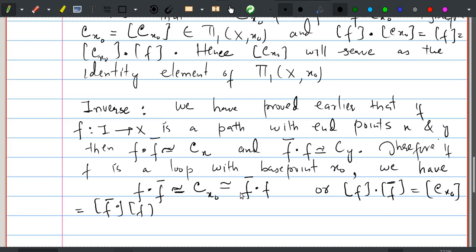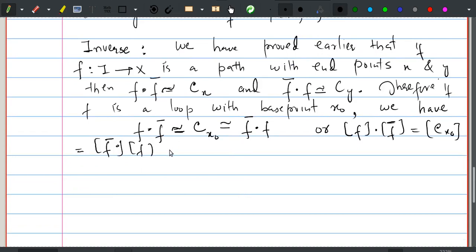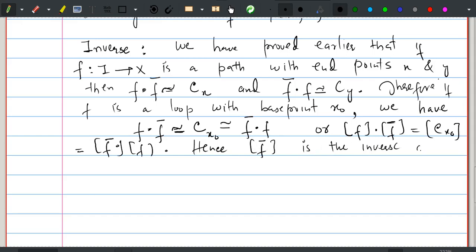So this means f inverse is the inverse of f, hence the homotopy class of f inverse is the inverse of f in this set here. Now it remains to prove the associativity.